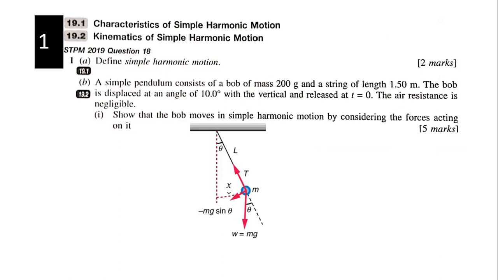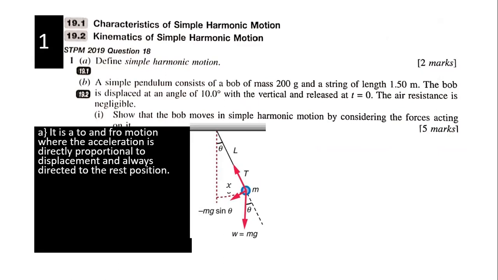Amplitude of oscillation is constant. It is a to and fro motion where the acceleration is directly proportional to displacement and is always directed to the rest position. That you must remember. If you write the equation, then you have to define each of the terms.